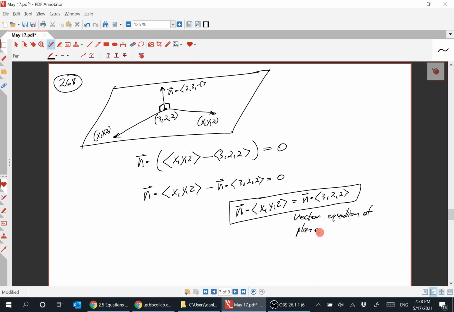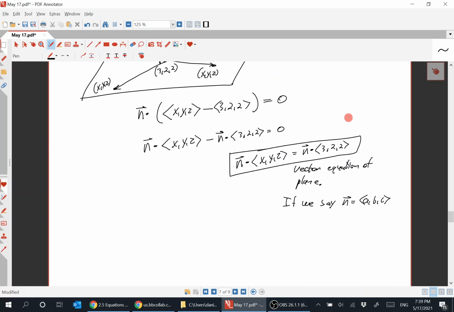Now if we say n is equal to little a, b, c, then you get the scalar equation of the plane.